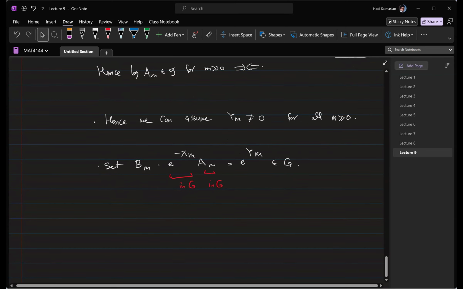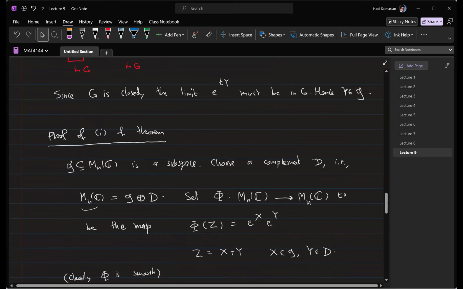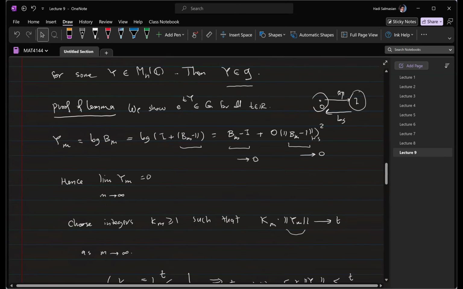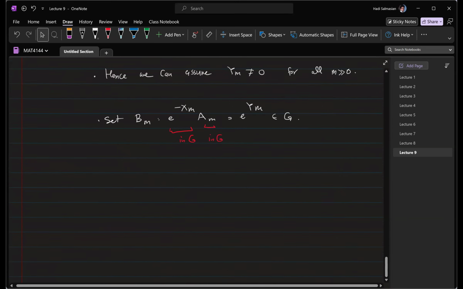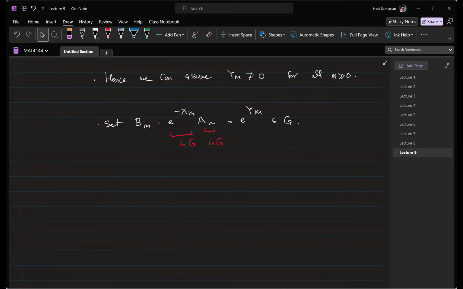But there's another condition to check. You remember that in this lemma, when we had the sequence ym, we needed to check that the normalized sequence converges. Here, a priori, it might not converge, but by passing to a subsequence, we can assume that. That's a consequence of Bolzano-Weierstrass.